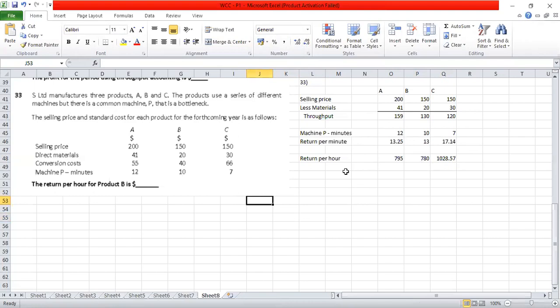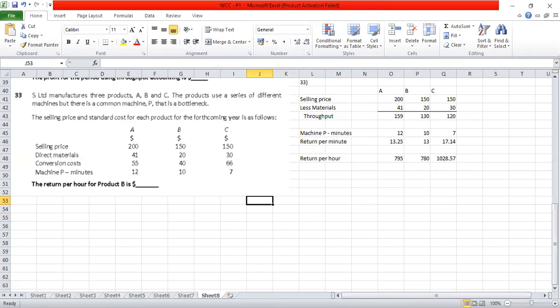Okay, so the return per hour would be just take calculate return per minute and then multiply into 60. So there are 60 minutes in an hour. So how much would be the return per hour? It just multiply it into 60. So we would get what is return per hour.